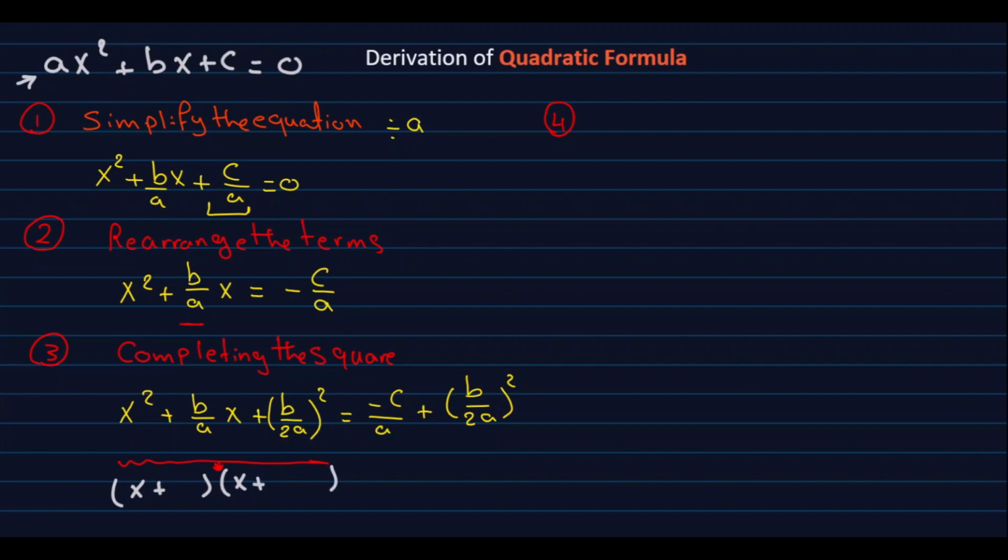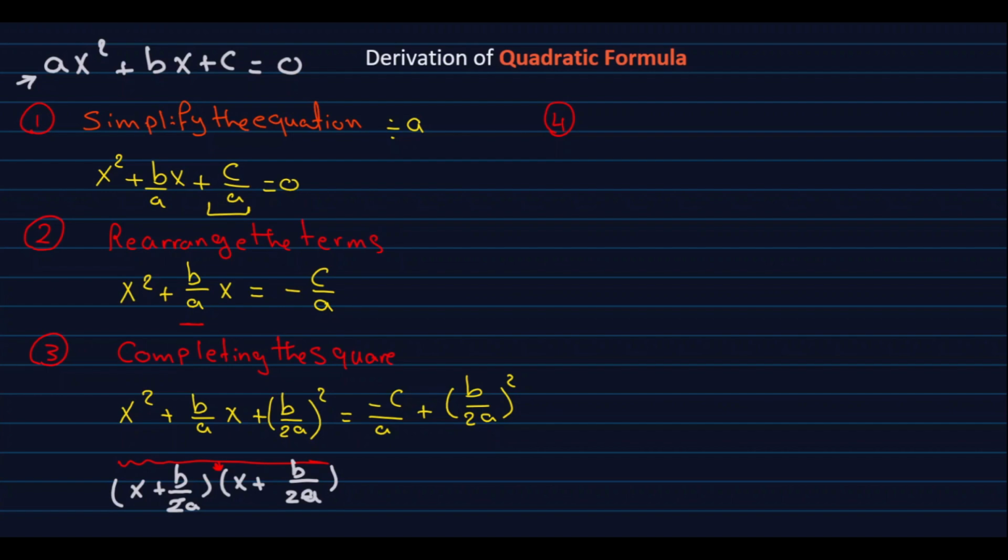Now, let's check this term and this term. This is a perfect square, which is a little bit obvious. So this will be b over 2a, and this will also be b over 2a. Since they are perfect squares, we can put it in one bracket and square this bracket.